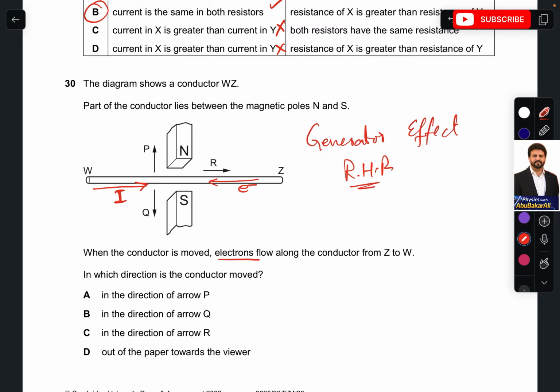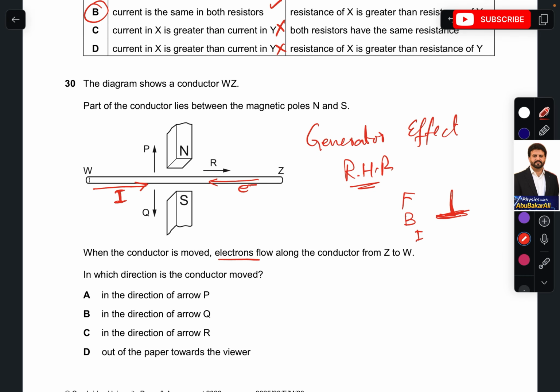If you see the current is passing along the WZ axis, remember the force, the magnetic field and the current are all perpendicular to each other. They must be perpendicular. So if the current is in this direction, the force will not be in this direction or this direction.